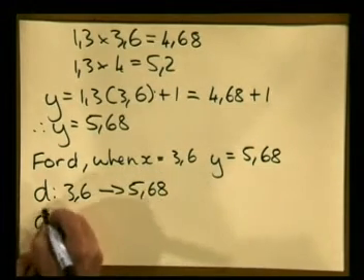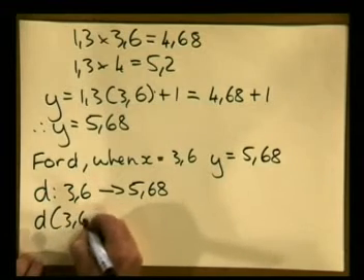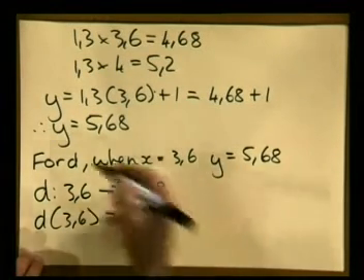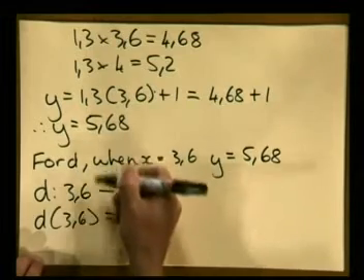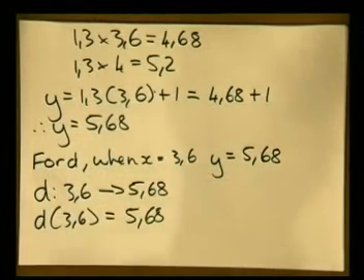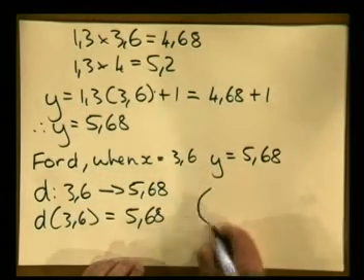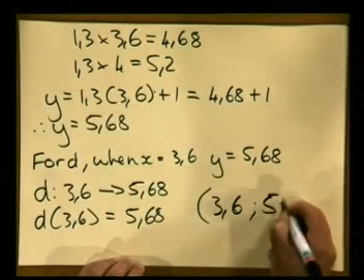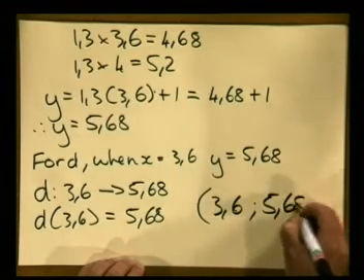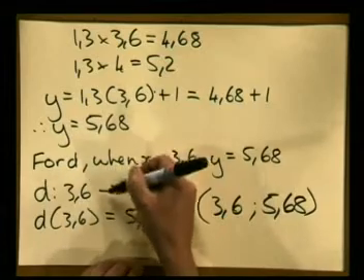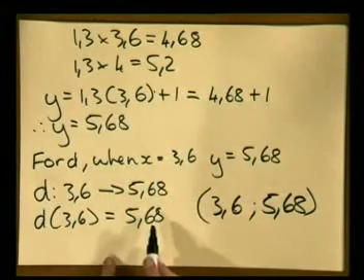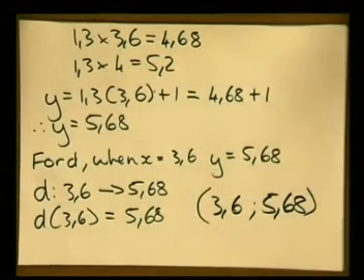Or lastly, D of 3,6 is equal to 5,68. Now, all three of these notations tell me exactly the same thing. They tell me that I have the following ordered pair: 3,6, 5,68. But what these different function notations allow me to do is to write mathematical equations clearly and logically.